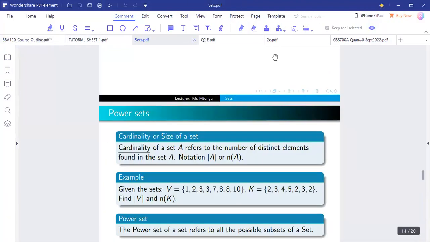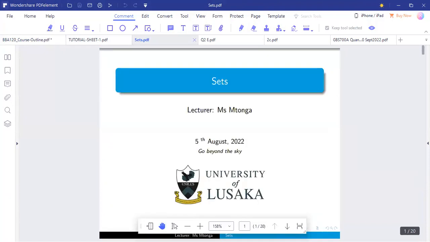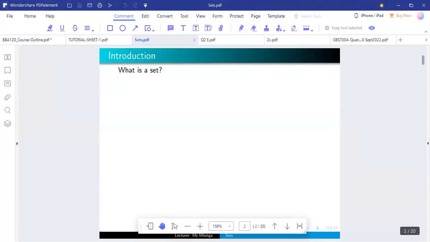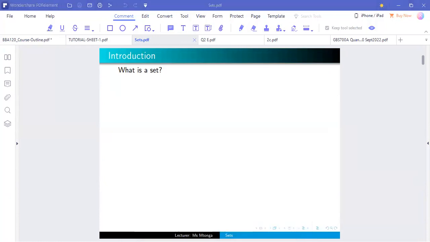To start with, in your own understanding, what is a set? What do you think is a set? Anyone? A set can be defined as a collection of elements.